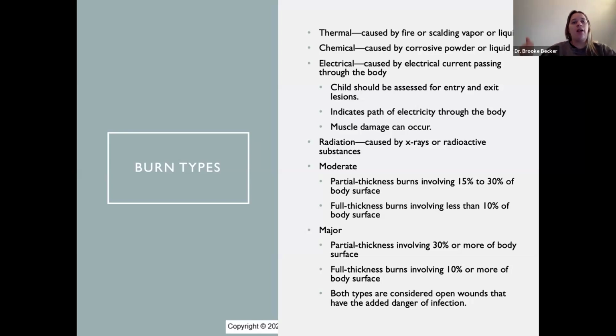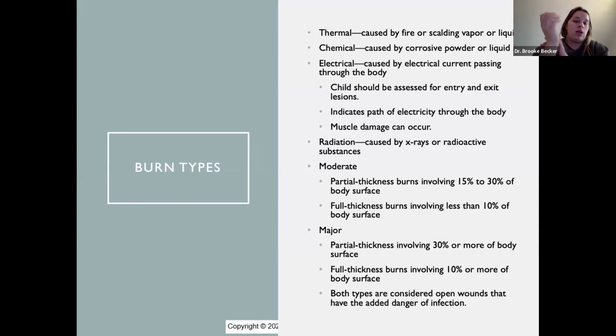Electrical burn, that's obviously going to be electrical current passing through the body. Okay, so they stuck their finger in an outlet, or they stuck something metal in an outlet, and they had an electrical burn from that. Okay. With electrical burns, you'll see an entry site and an exit site.